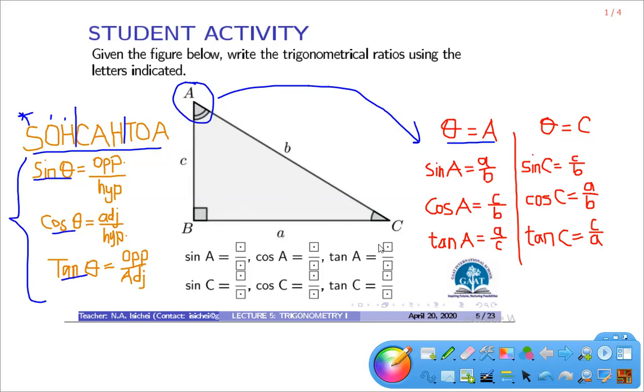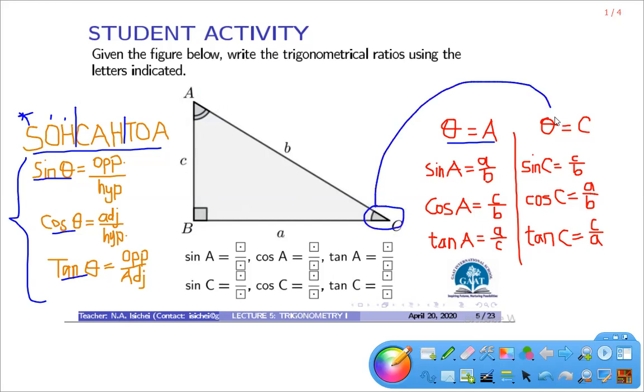Next, for sine C, cos C, and tan C, if this particular vertex is where the angle is given, then the opposite and the adjacent will change, but the hypotenuse remains the same. So the opposite is now c, while the adjacent is a. Coming back to our trigonometrical ratios, sine theta is opposite over hypotenuse.